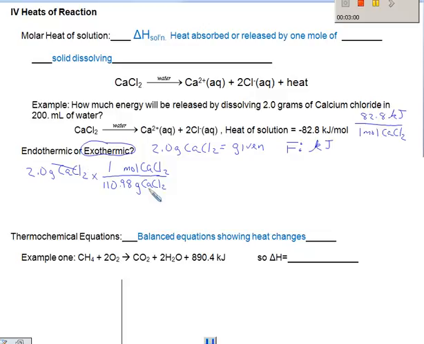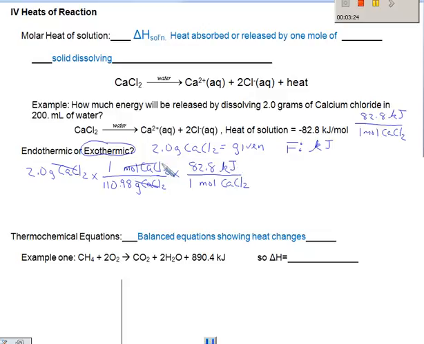So we're out of grams. Let's go ahead and cross those out. We're over to moles now. So we are now in shape to use this conversion factor. So if we have 1 mole of calcium chloride, that will produce 82.8 kilojoules of heat.